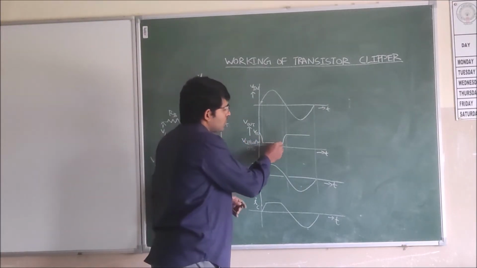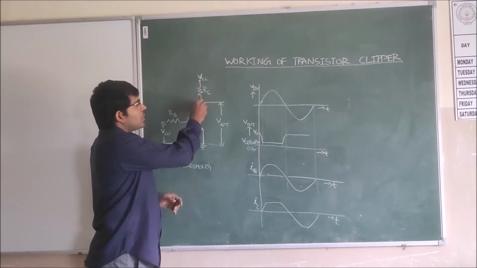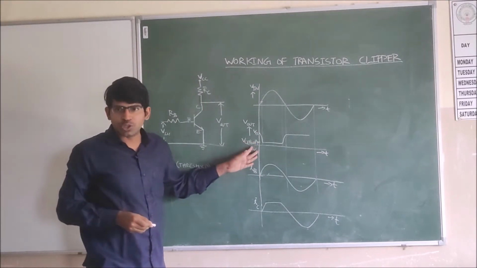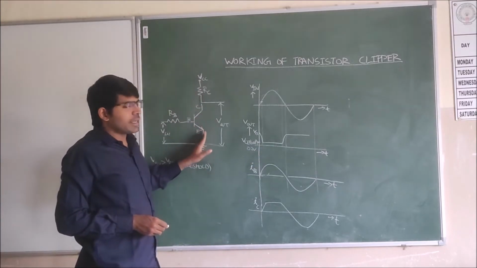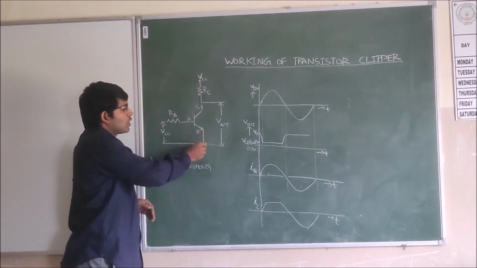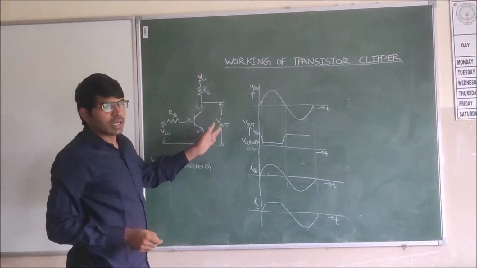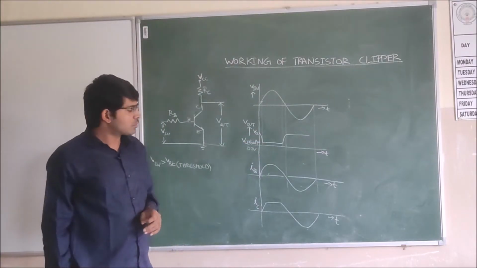From this voltage onwards you can see the output voltage across the collector terminal falls to VCE saturation, 0.2 volts. Because when the transistor is acting like a closed switch, the collector is connected to the ground, so the output voltage across the collector is almost 0 volts, 0.2 volts.